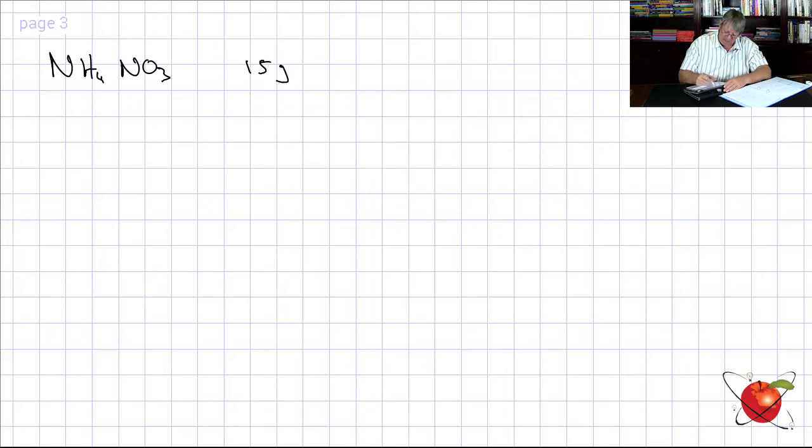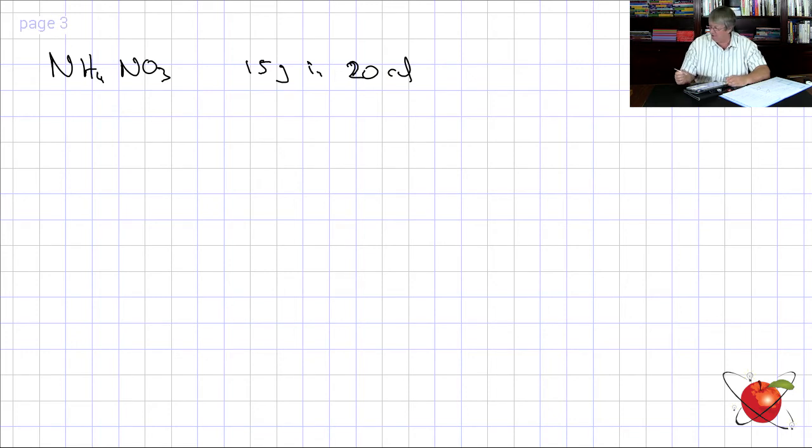Okay, let's look at C. Question C is ammonium nitrate, NH4NO3, and 15 grams in 20 centiliters.